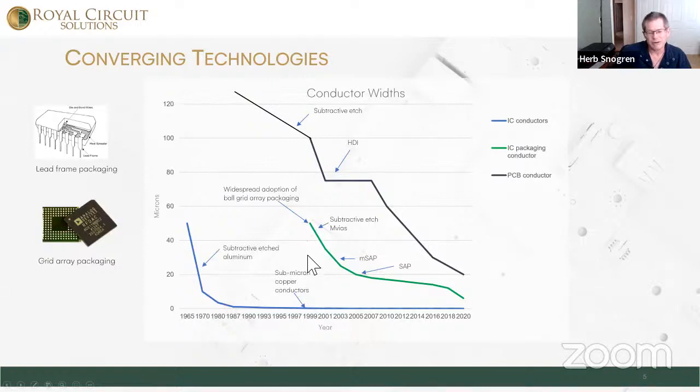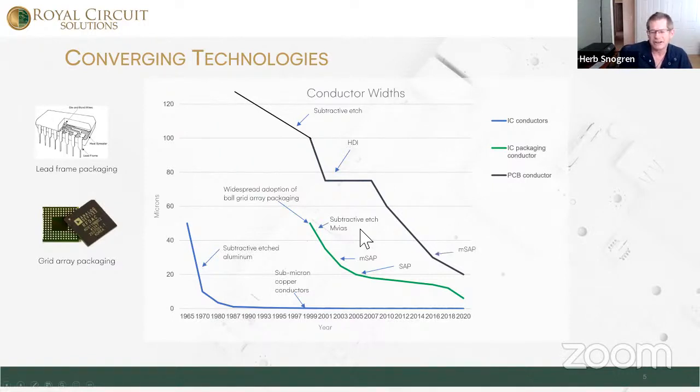And we kind of leveled off at a 3 mil line and space, or a 75 micron line and space. So the industry as a whole for 10 or 15 years was kind of stuck at this 75 micron line width and space limit. But in the past 10 years or so, especially in consumer electronics coming out of Asia, line widths were dropping below 75 microns.